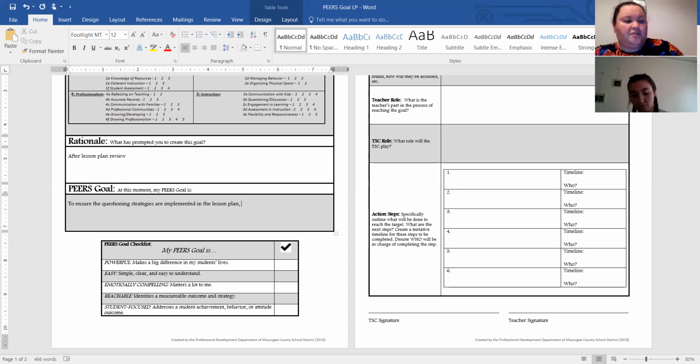What about to ensure the questioning strategies are implemented in the lesson plan? I will plan or look at when the best time to use the strategy would be throughout the week.